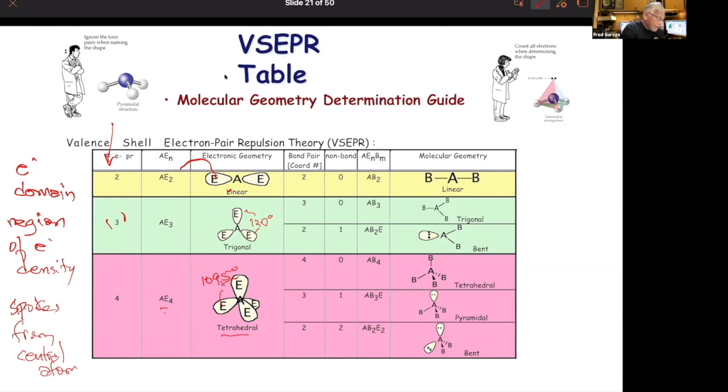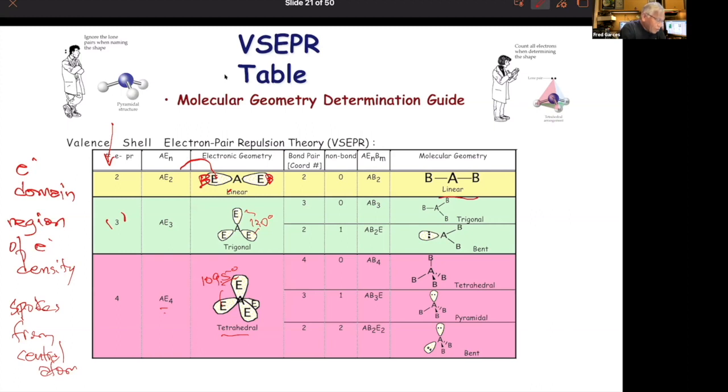So when you have a linear electronic geometry and the ends actually have bonded atoms, then the molecular geometry is also linear.